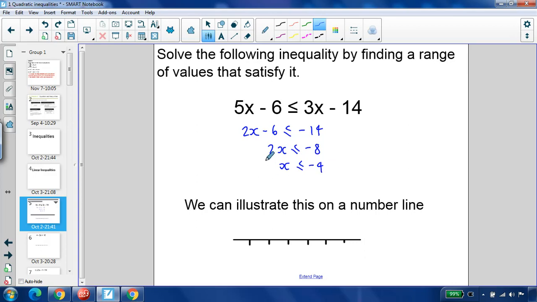So we actually have a range of solutions for what x can be. It can be equal to minus 4, minus 5, minus 6, minus 10, all the way to negative infinity. We can illustrate this on a number line. So I'm just going to go down in 2's.